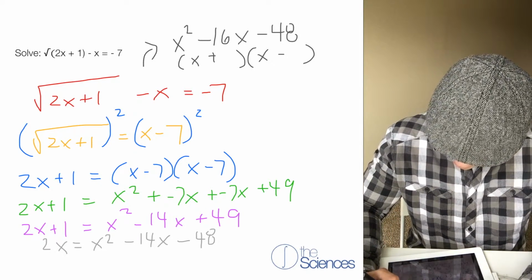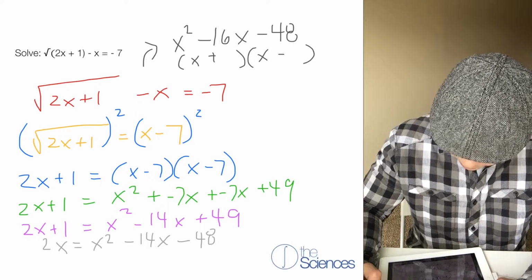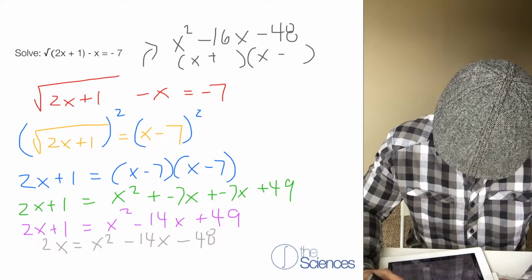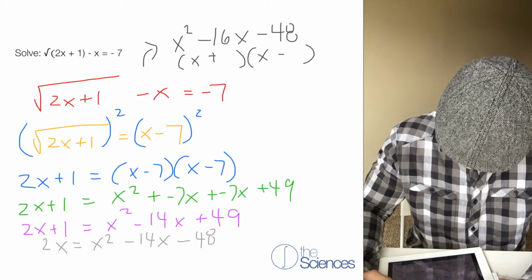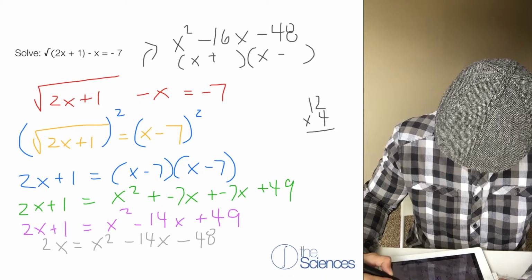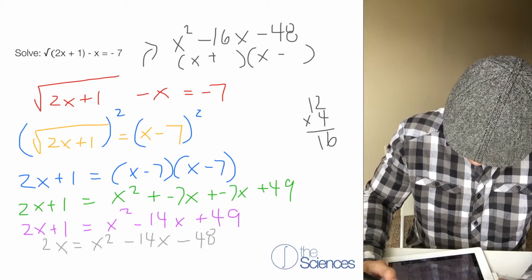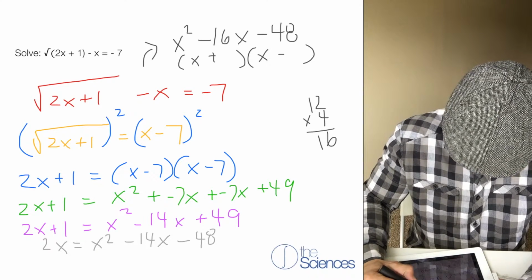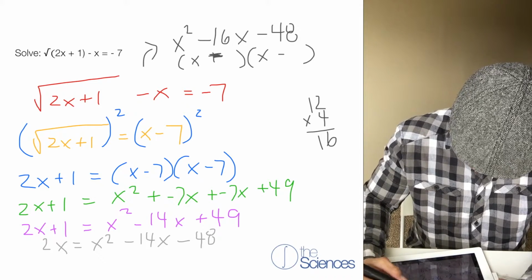So now, what two numbers, when multiplied, equal 48? 12 and 4, and then 12 plus 4 is 16. So that means that we have two negative signs.